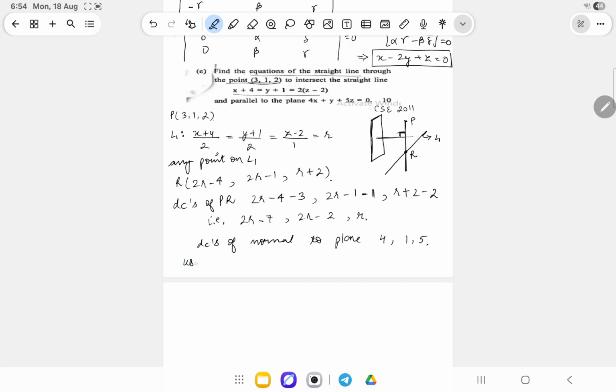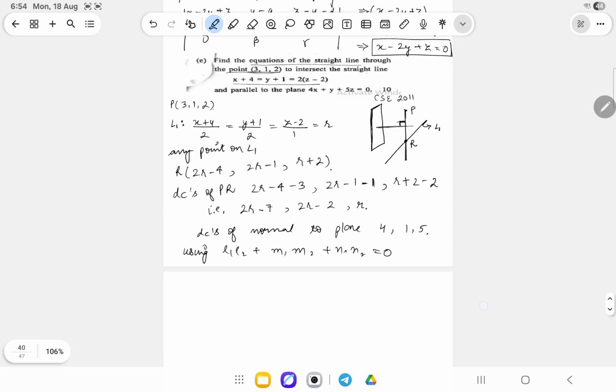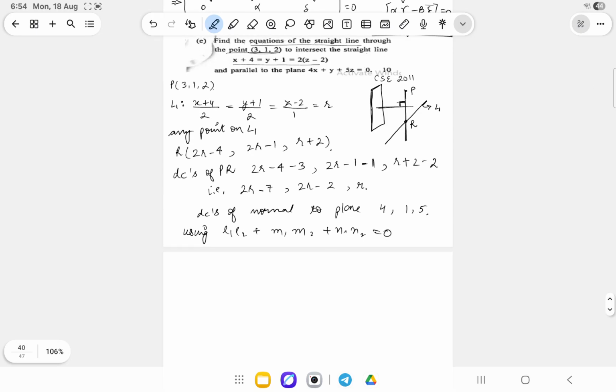So using l1 l2 plus m1 m2 plus n1 n2 equals 0, which is the condition for two lines to be perpendicular to each other, we get 4 into (2r minus 7) plus (2r minus 2) plus 5 into r equals 0.